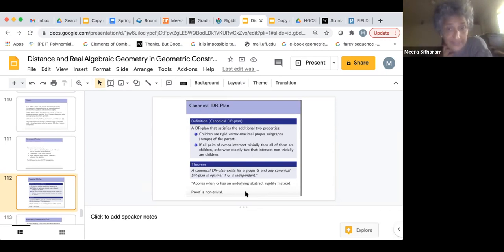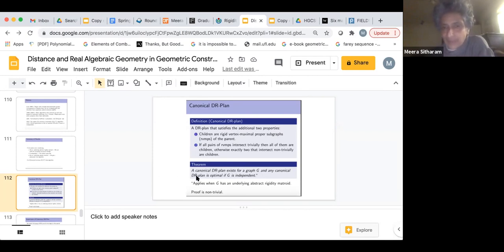What we say is that a canonical DR plan exists for a graph, and any canonical DR plan is optimal, if the original graph that you started out with is independent in the d-dimensional rigidity matroid.